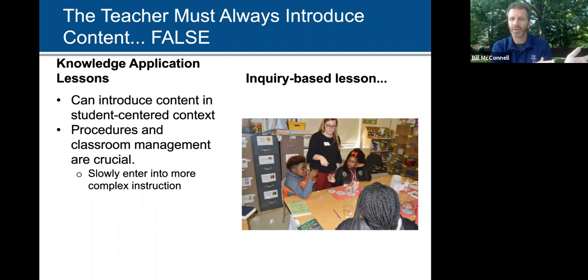So it's not always that the teacher has to present, and it seemed implied there. So just understand that I don't necessarily agree with that, and there are models out there.